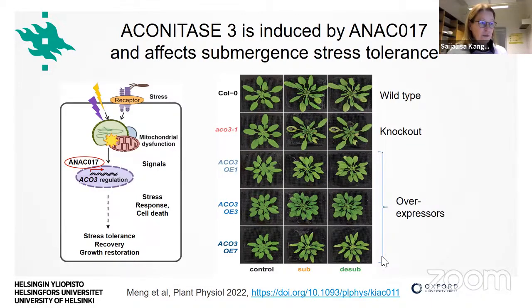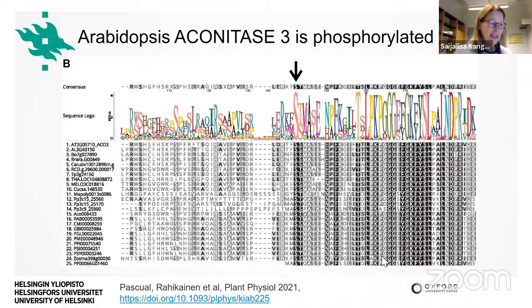And so we were then wondering what is the function of this aconitase, because somebody told me, well, it's just a metabolic enzyme. And I thought it can't just be a metabolic enzyme, there must be more to its function. And then we found that actually this Arabidopsis aconitase 3 carries a unique phosphorylation site that is not present in the other aconitase isoforms.